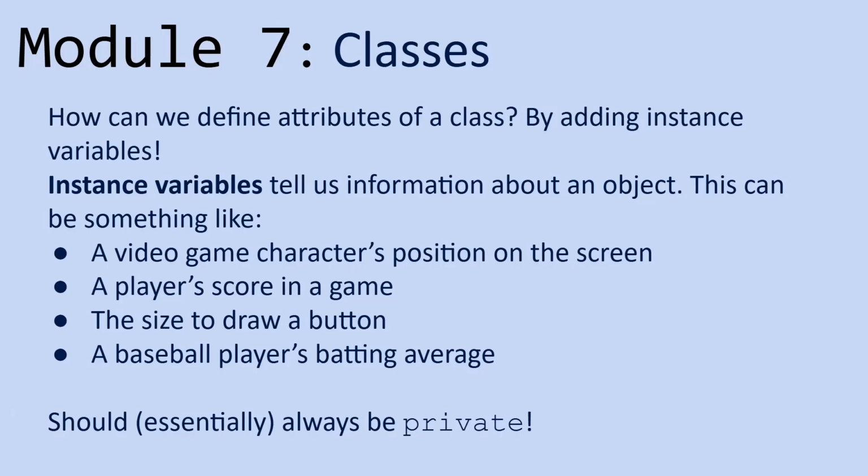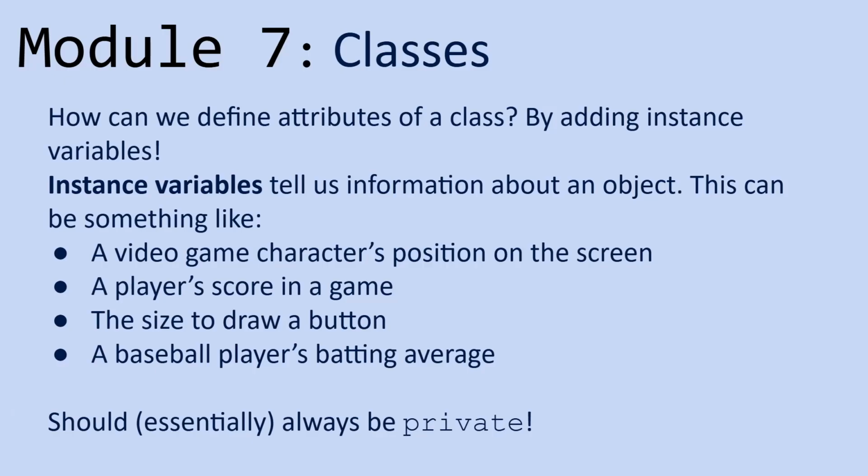And say we have a button class when we're making buttons for our video game. Well, we definitely want to keep track of the size that we are going to draw the button at. Or say we're making a sports game, keeping track of a baseball player's batting average. It's pretty common to write programs to help with baseball statistics. Those are interesting. A decent amount of progress in statistics has been made just based on baseball. So something to look into if you're interested.